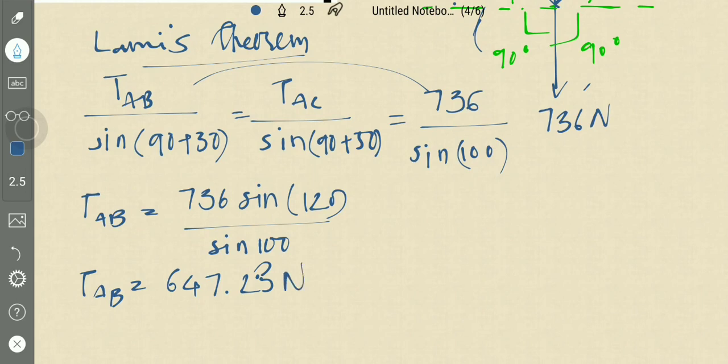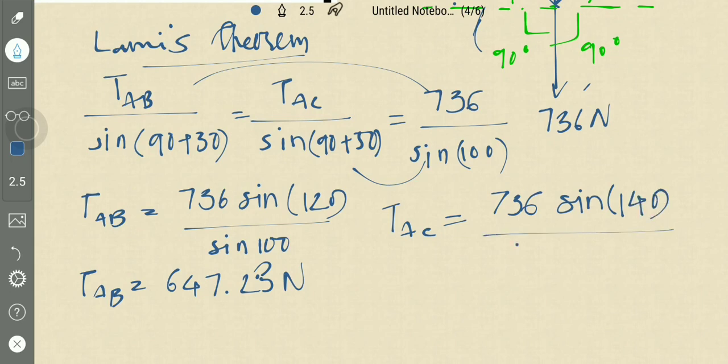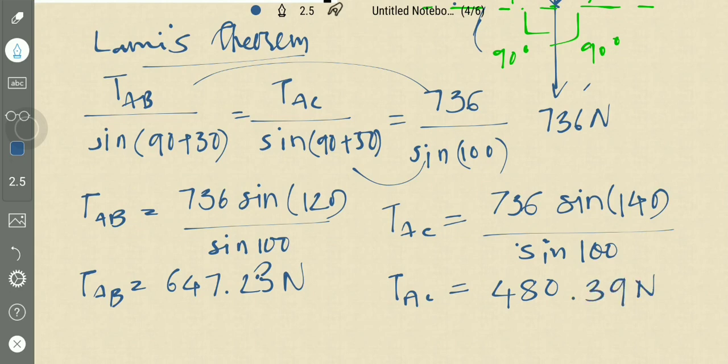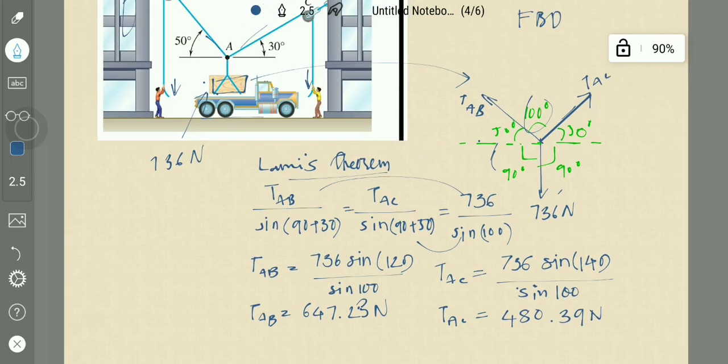And if you consider these two, TAC is equal to 736 into sine 90 plus 50 is 140 divided by sine 100, which is TAC is equal to 480.39 newtons. Okay. This is how we solve this practical problem.